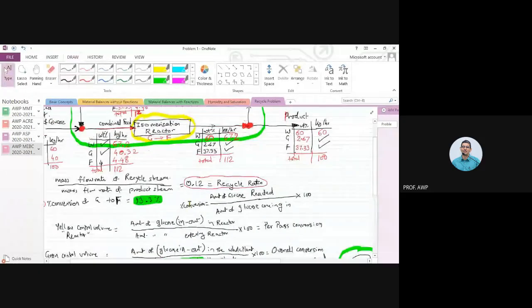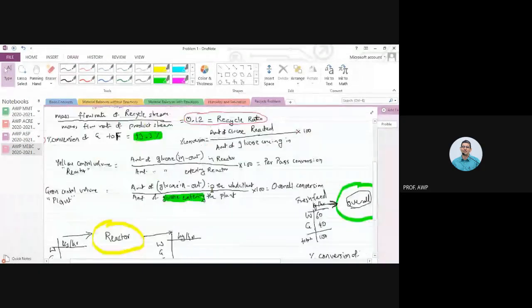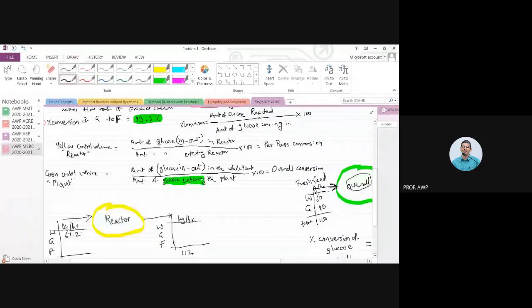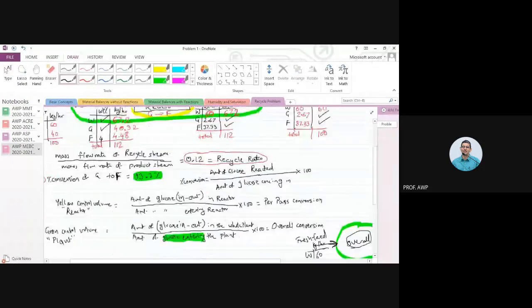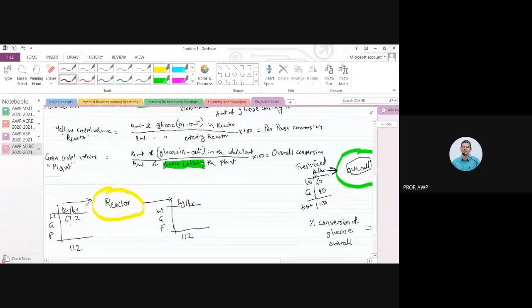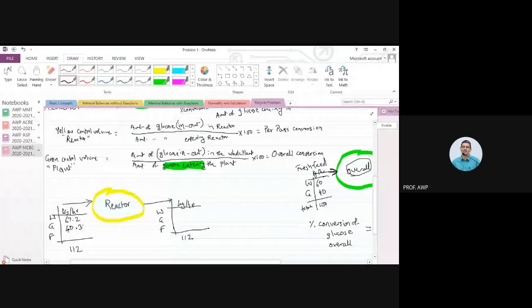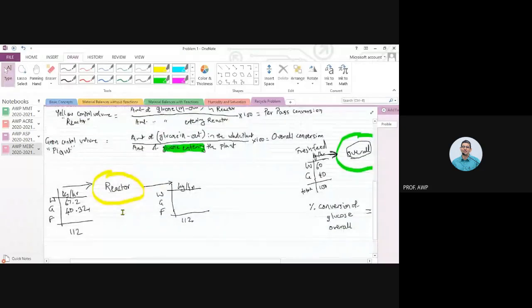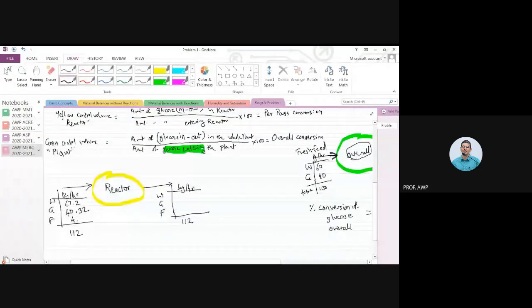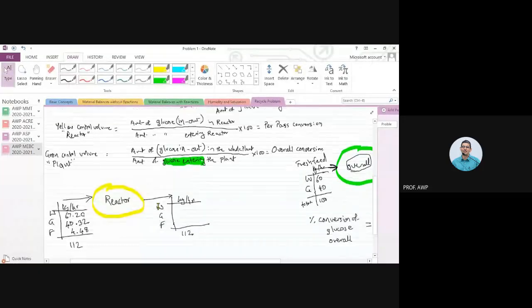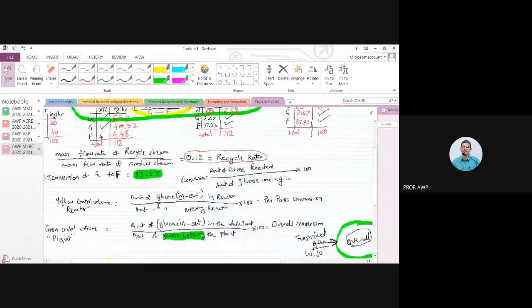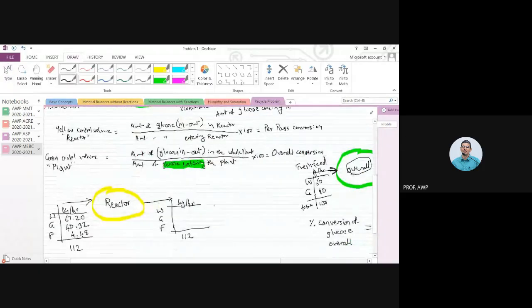Water coming in is 67.2 kg per hour. Glucose coming in is 40.32 kg per hour. And fructose coming in is 4.48 kg per hour. Okay. Water going out is 67.2 kg per hour.